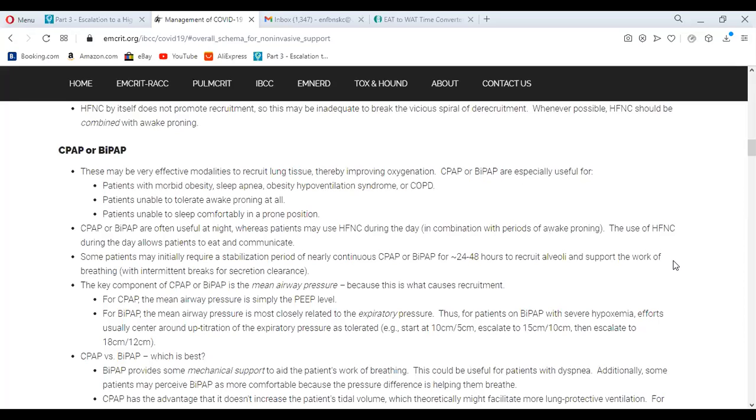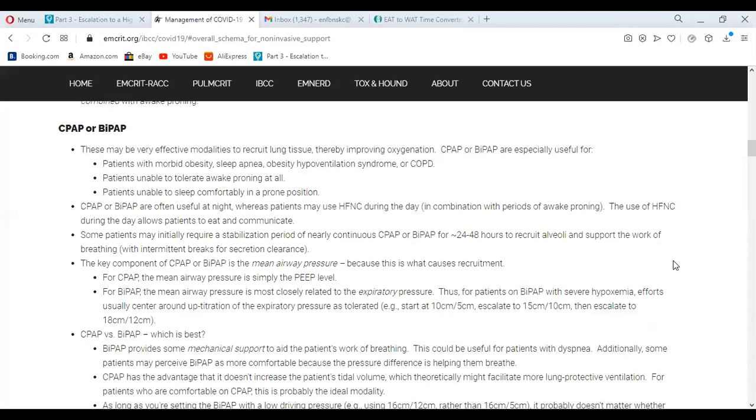So patients with morbid obesity, sleep apnea, obesity hypoventilation syndrome, and COPD benefit from this form of oxygen therapy the most. So assuming our patient falls into one of these categories, of course, if we're escalating, I think escalating to this form of oxygen therapy is available to us, okay?